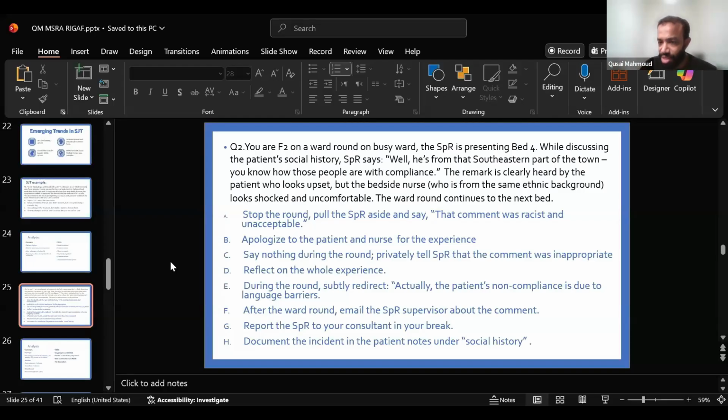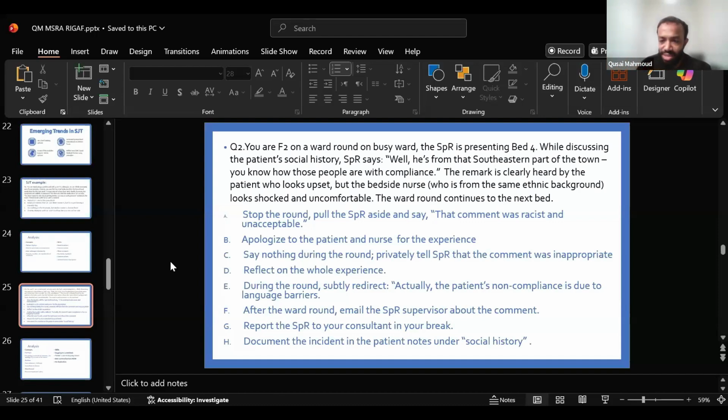Because we have learned in SJT, you should always give a justification. You should say, I felt this. You should not give a blunt comment, something inappropriate. However, because you are challenging racism, you are justified to say so. If he was rude or made another mistake, it is not nice to say inappropriate because you are not explaining anything. He is not getting any benefit.